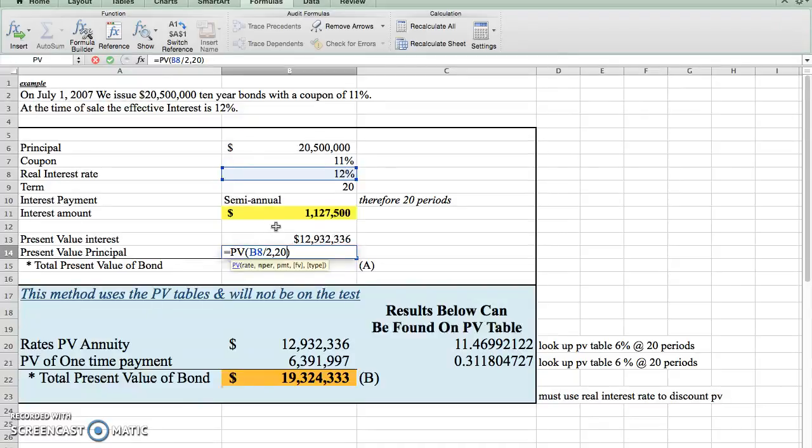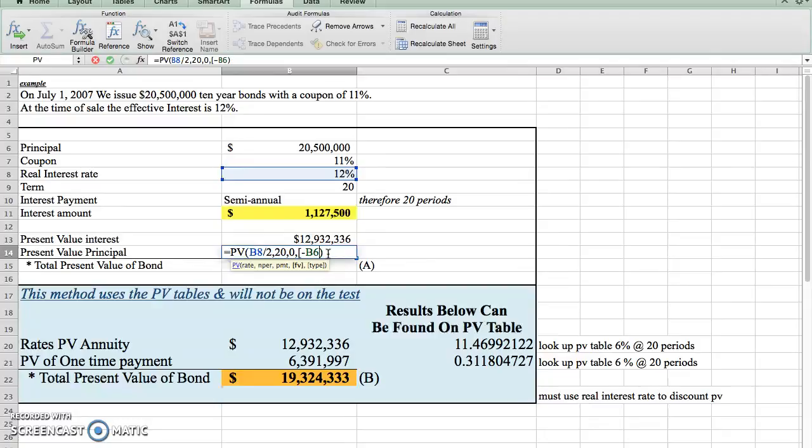Payment is irrelevant in this case, so I can put comma 0, and the future value is what we have to pay out, minus 20,500,000.